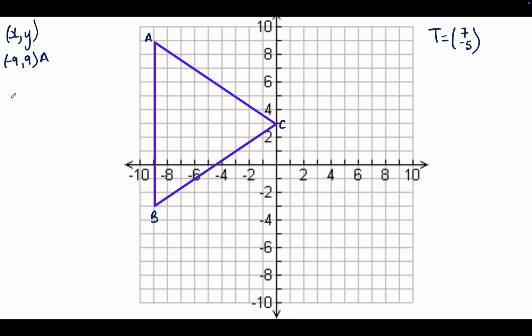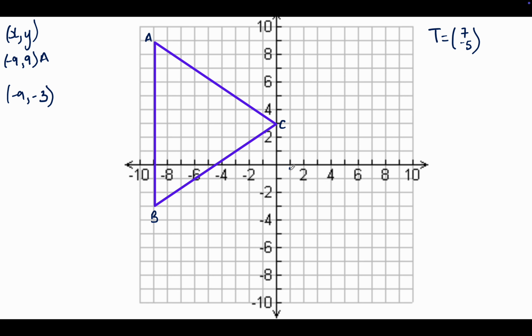For B, I'm also at -9, but for my y coordinate, it's a bit different. I'm now at -3. Now you might be wondering, how is it that I'm just counting by 2 here?